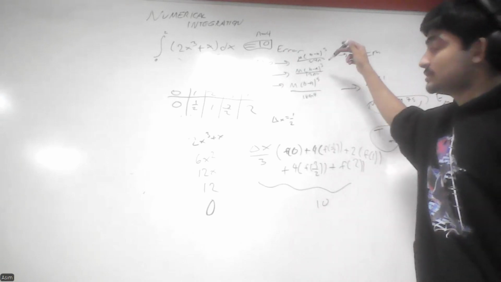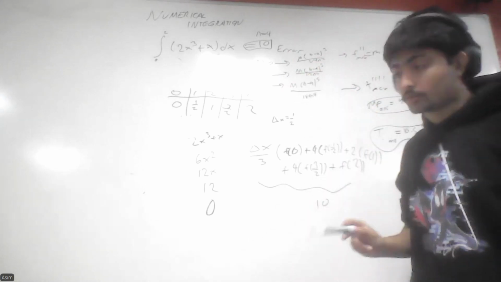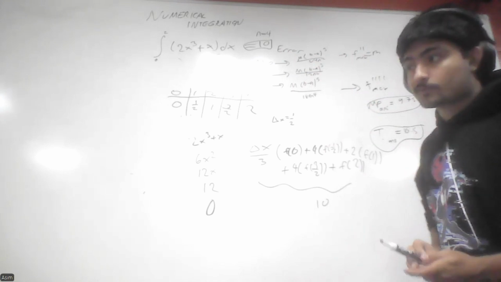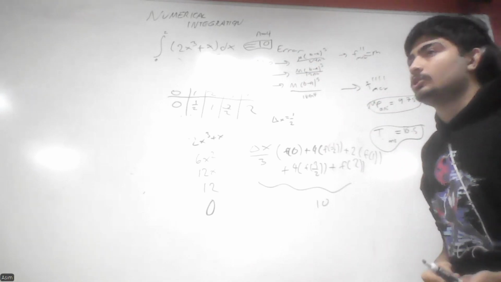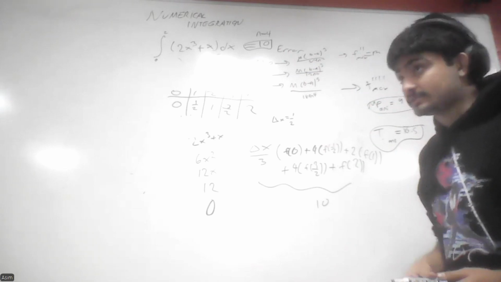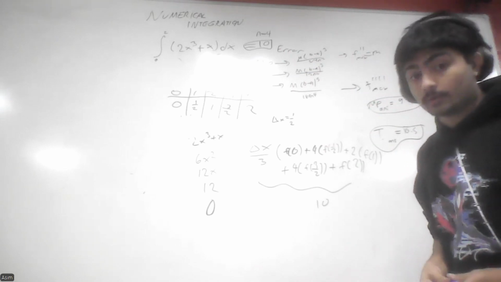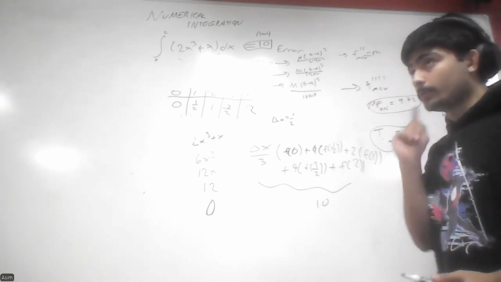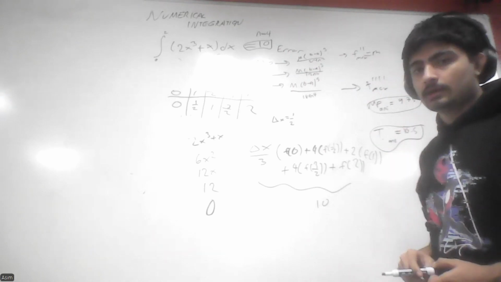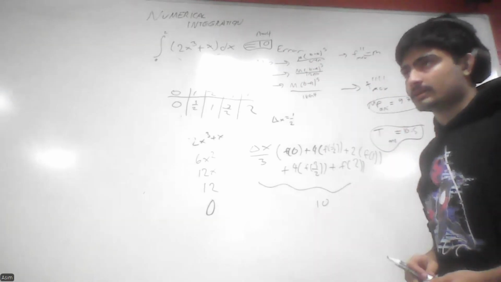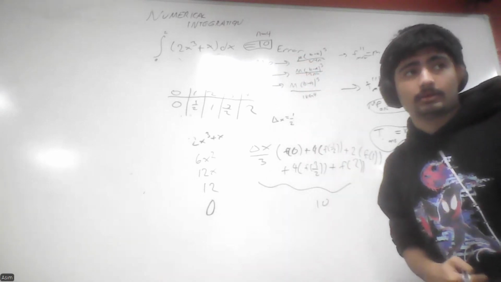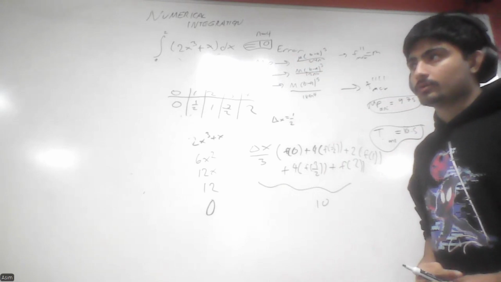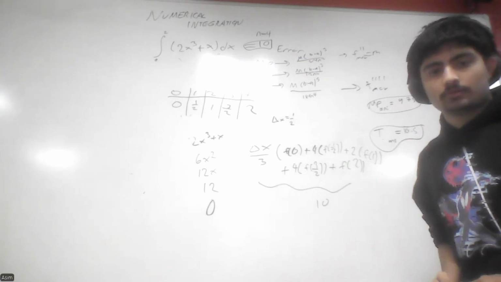And for these functions, midpoint and trapezoidal, you can use them for lower degree polynomials or linear functions or cubic functions. They're going to give you a very low error, especially for polynomials. And for first degree functions, you're going to get only 0% error.